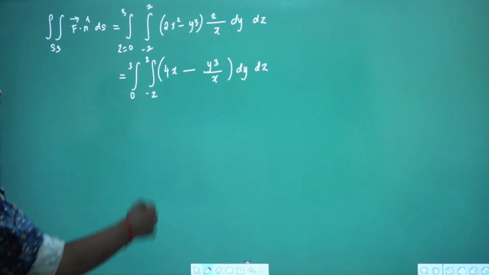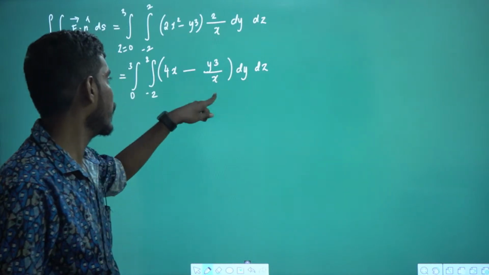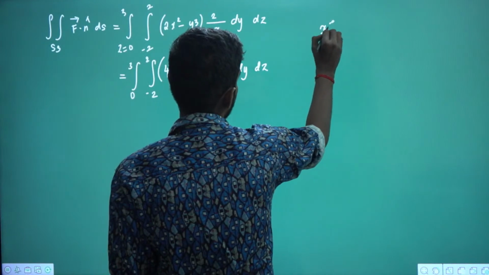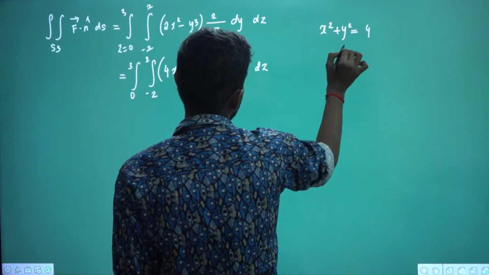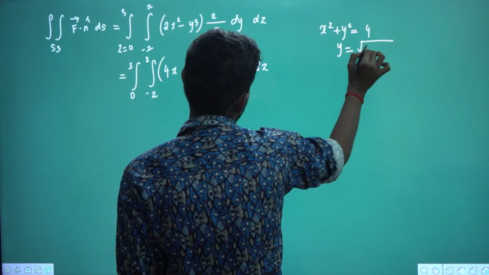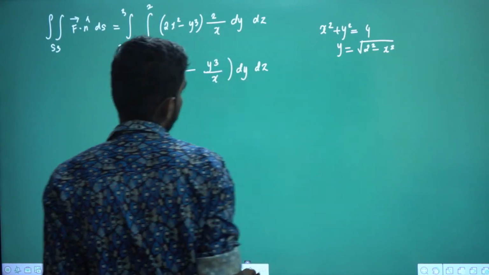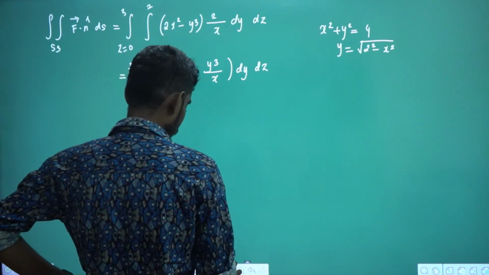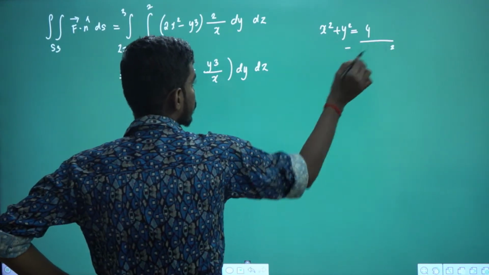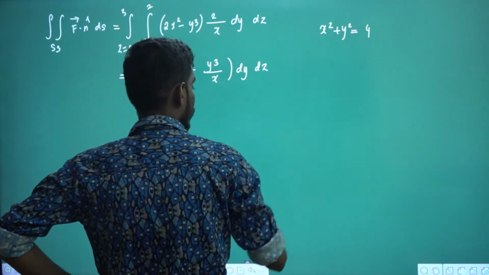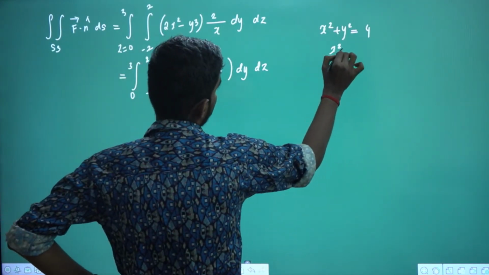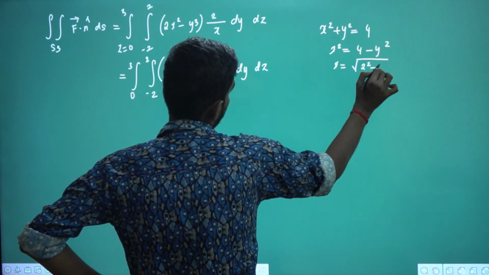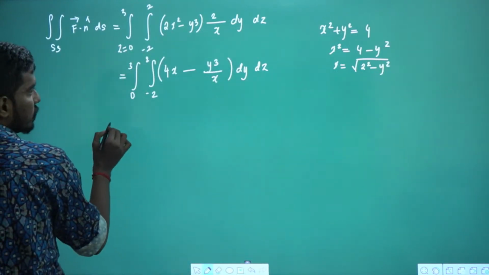Now we will convert everything in terms of y, because here we have an x term, but we don't have dx. We know x square plus y square is 4, so x square is 4 minus y square, and x will be root of 2 square minus y square, plus or minus also.